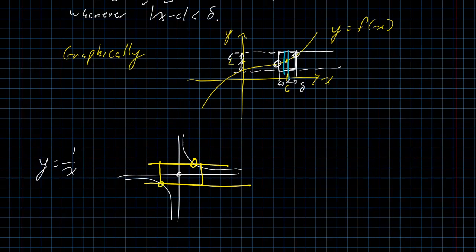It is impossible to do that, no matter how big or small, or how tall or short I draw this graph. It's never possible to go left and right far enough, because it just keeps going up and keeps going down forever. You can never get there. And so that's a nice way of thinking about when a limit is not going to exist.